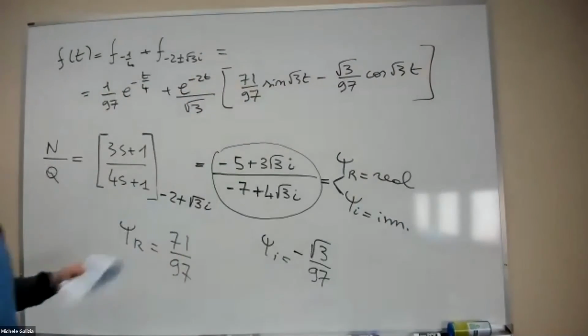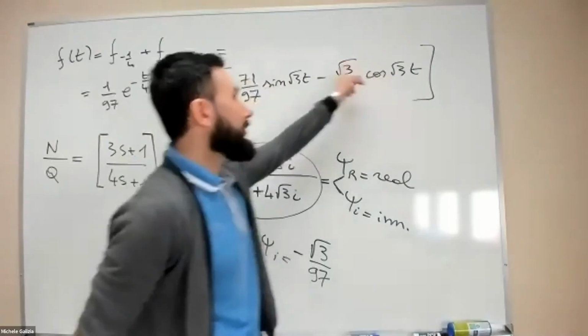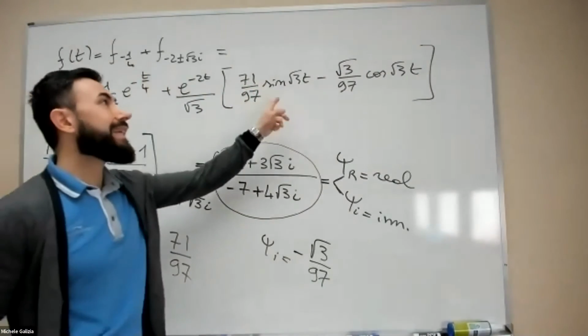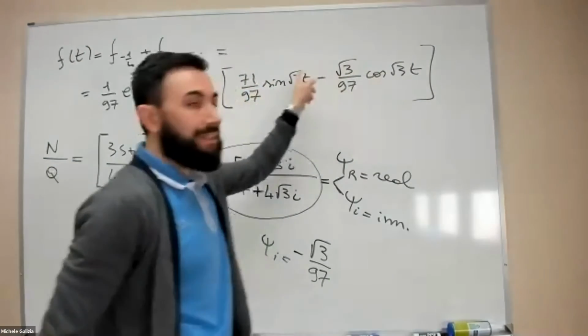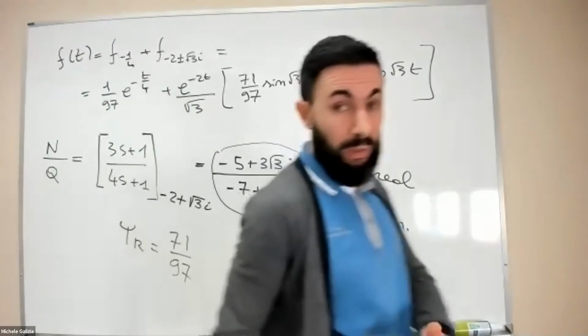And you clearly get an oscillating function. Complex poles always give rise to oscillating functions, to oscillating behaviors. We will see this very soon.